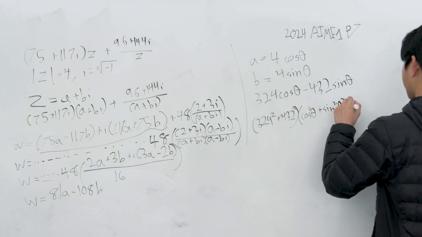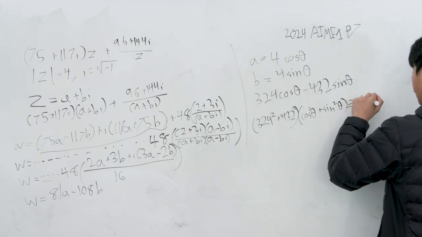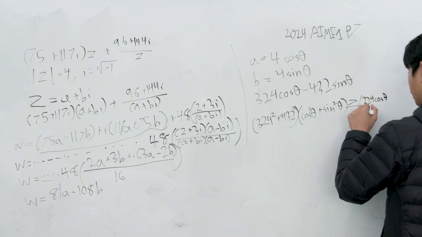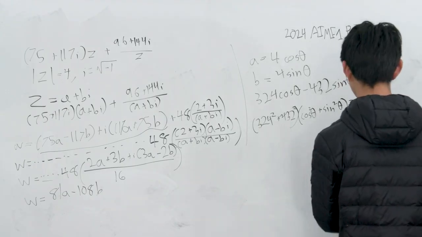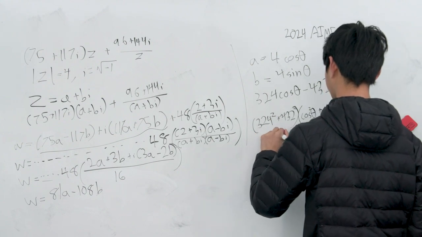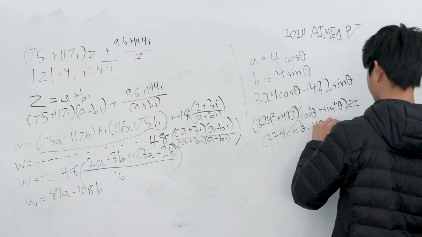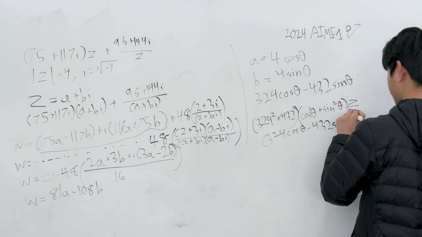This has to be greater than or equal to all of this squared. So, I'm just going to write it down here, 324 cosine theta minus 432 sine theta squared.